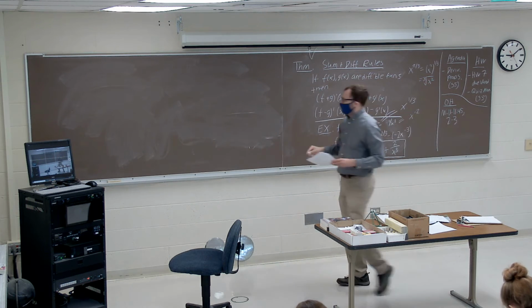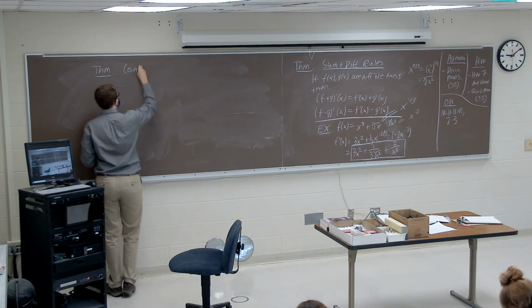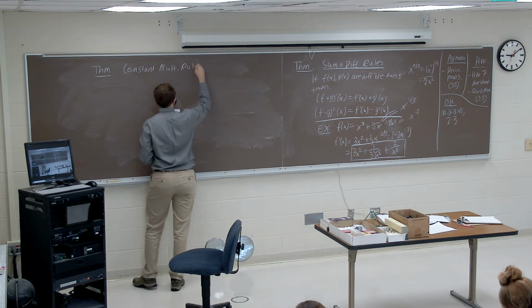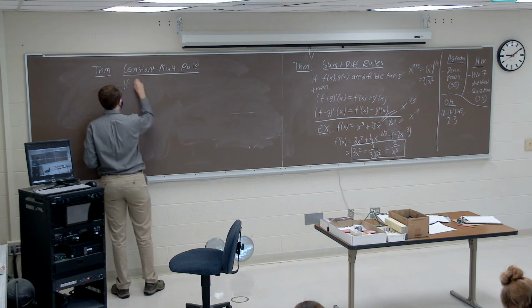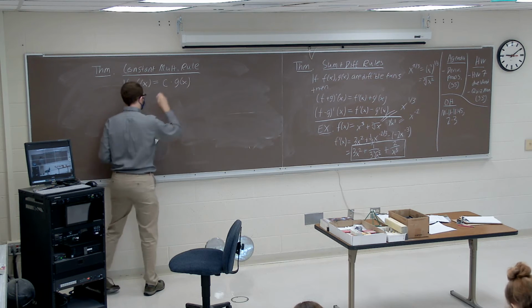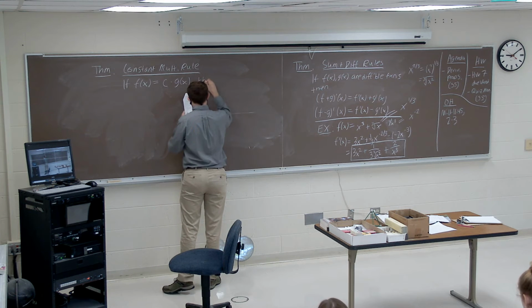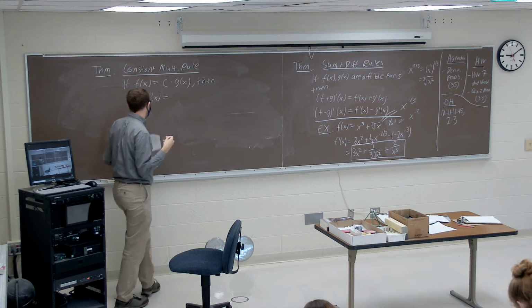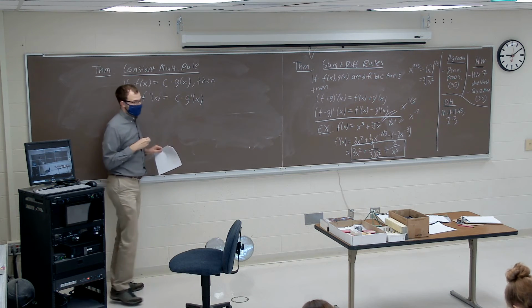Where the constant multiple rule is going to say that if f of x is equal to a constant multiple of some other function g of x, then the derivative of f of x, f prime of x, should be equal to that constant multiple of g prime of x.